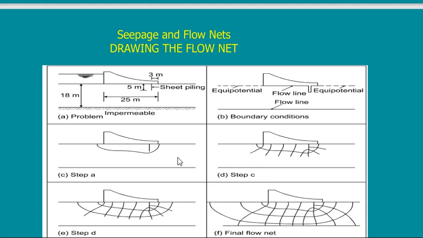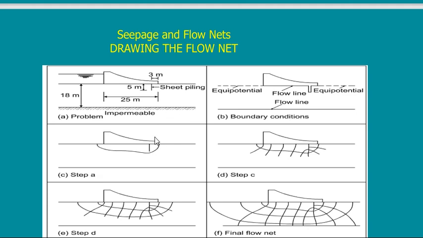How to draw the flow lines for something like this. This is important to know, because you may face something like this in the exam. It should not always be the easy, straightforward case.